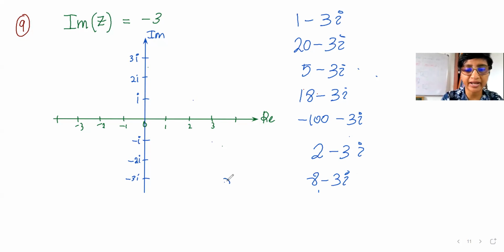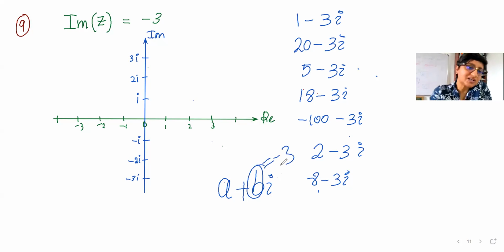So you write a complex number in the form a plus bi. I am saying this b must equal -3. Nathan, what is so hard in that? It's not that it's hard. It's just that you have forgotten what we did 2 weeks back, or you haven't properly understood. So all these are correct.